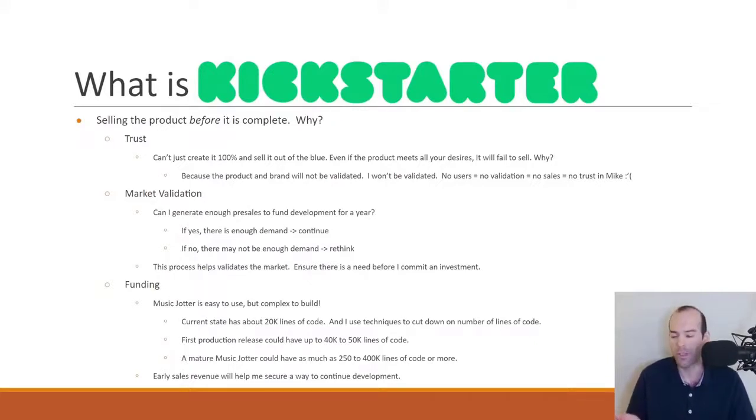After a year, once I release this product at the end of 2023, it might be double, like 40,000 or 50,000 lines of code. This is to give you an example of the amount of code there is. And a fully mature music Jotter, let's say we're at the Sibelius or Finale level, or more than that, we're trying to get more than that, right? But just to tell you the mature level, that could be about 500,000 lines of code.